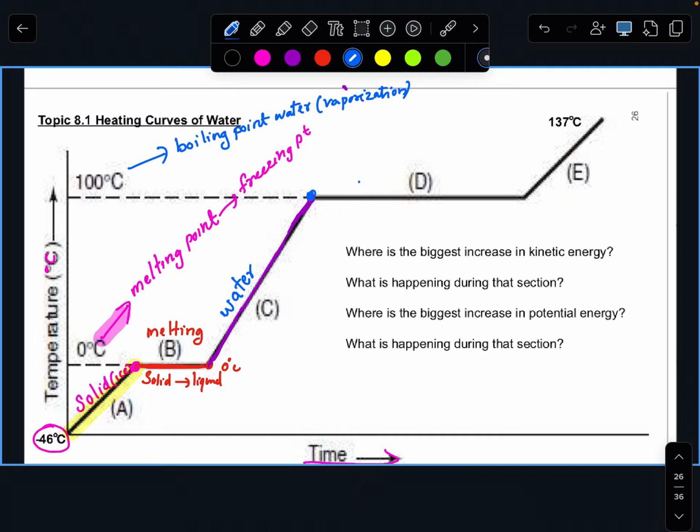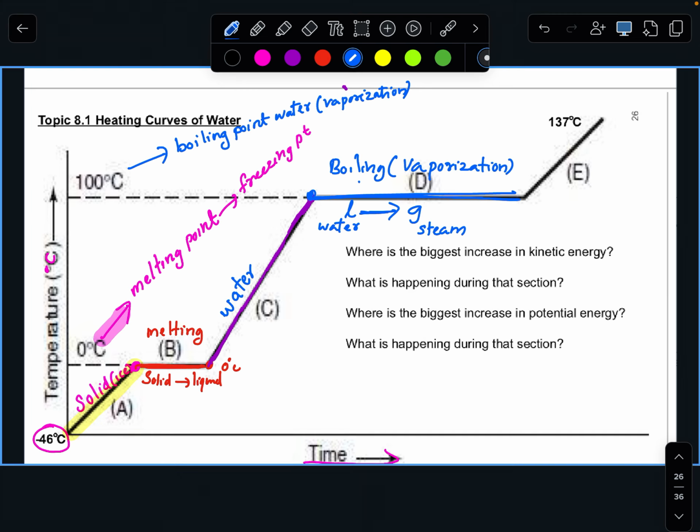Gas. What is the name of the gas of water? Steam. So the liquid water will convert into gas. If you want to know the name, write water to water vapor. That is called steam. And that process, this line, is called boiling, or more scientifically you can say it is called what? Vaporization.